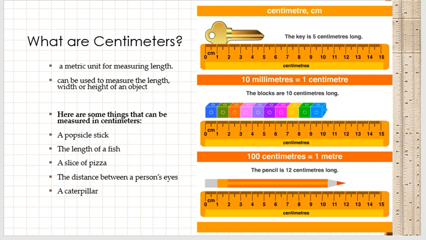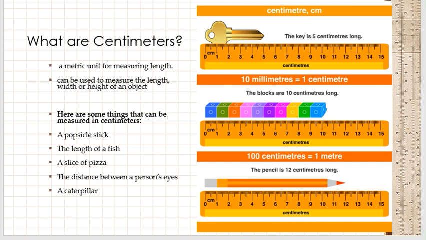So what are centimeters? Well, basically they are a metric unit. They are a unit that we use to measure length, so how long something is. It can be used to measure the length, how wide something is, or how tall something is. But normally they're not very big things. Some of the things you can measure in centimeters are popsicle sticks, maybe a fish, a slice of pizza, the distance between your two eyes, a caterpillar.